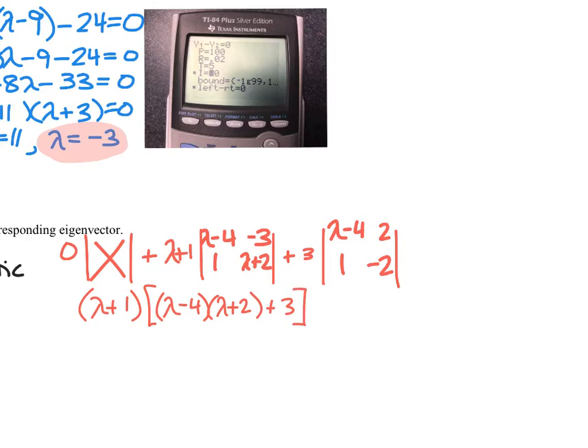Nope. Yep. Plus 3 times, I'll write the negative 2 in front, lambda minus 4 minus 2. And that whole thing here should be equal to 0.